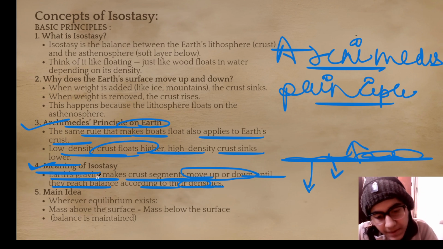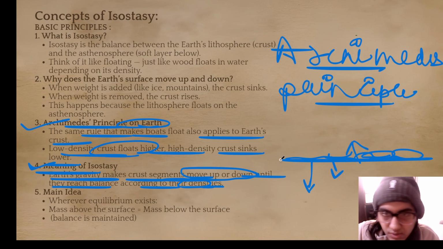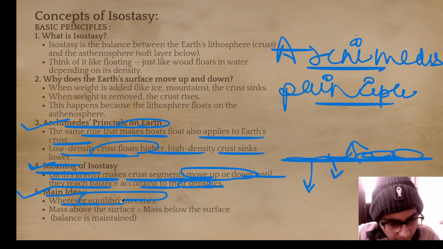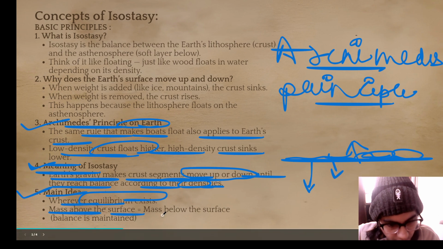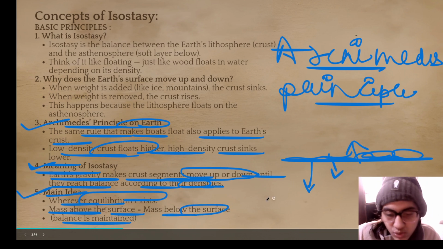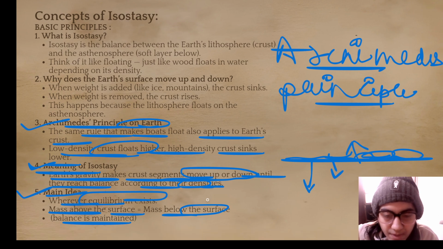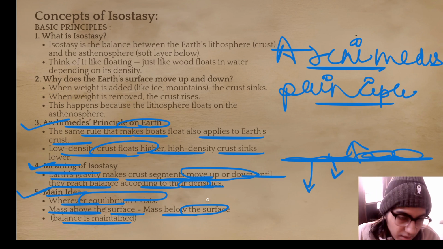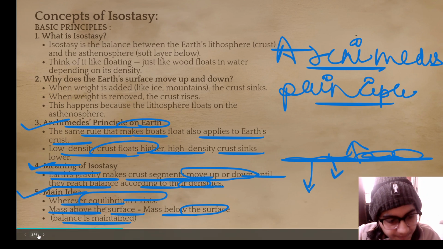This balance that is created is called isostasy. The main idea is that wherever equilibrium exists, the mass above the surface equals the mass below the surface, and balance is maintained. So isostasy is all about this balance between the earth's crust and the asthenosphere, the layer just below it.